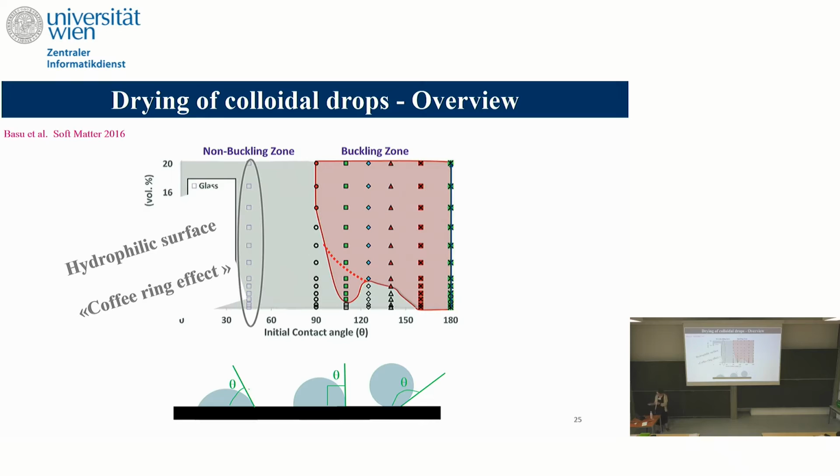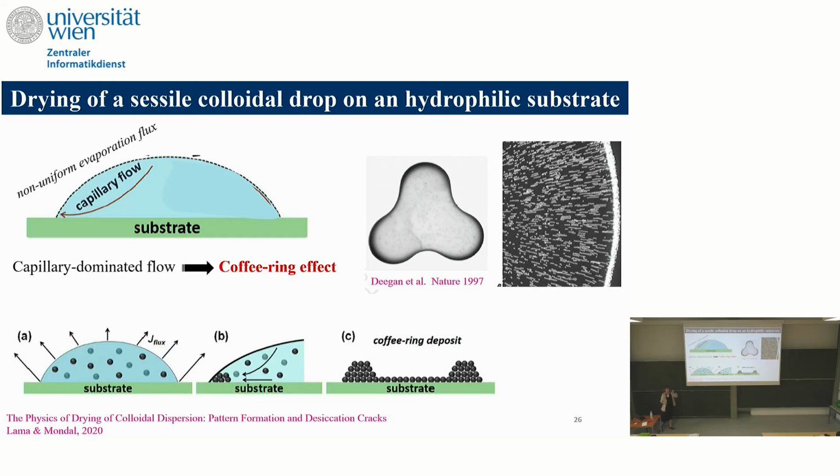Just one interlude about this hydrophilic surface, and this is where maybe you have heard about this coffee ring effect, from your experience when you drop a drop of coffee on a surface, and then you see that you have a stain, of course, but the stain is not uniform.